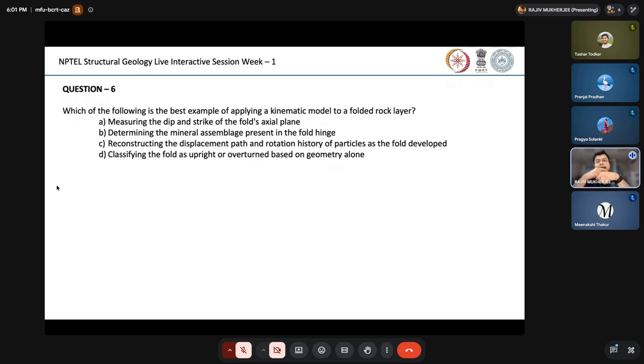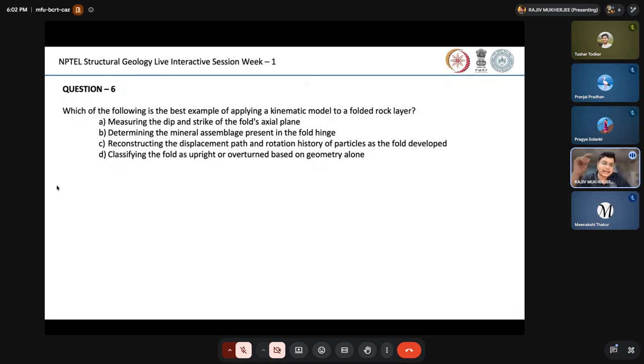From that, we can have a perspective: if this kind of intense deformation has happened in this area, then based on the kinematic evolution of the fold, we can predict what kind of materials can be precipitated in the fold hinge. That can be an estimation from the kinematic understanding.